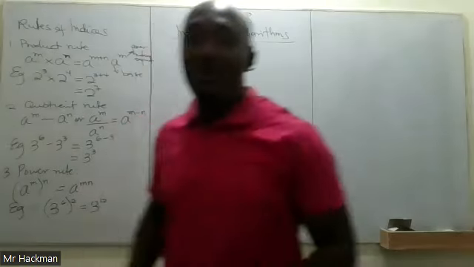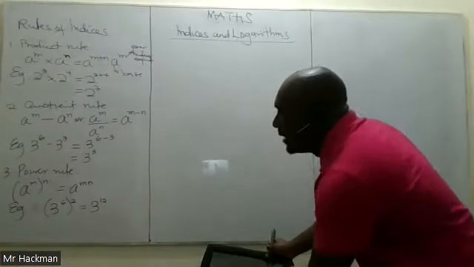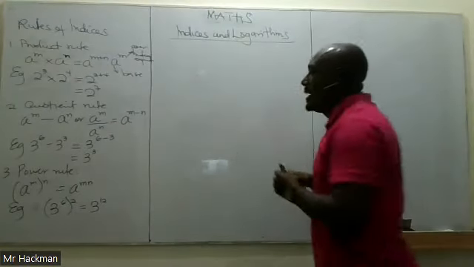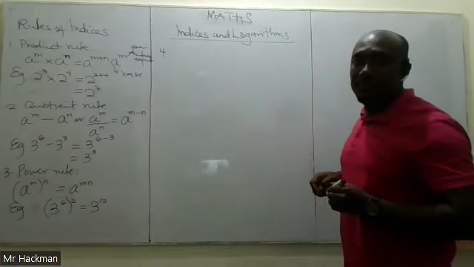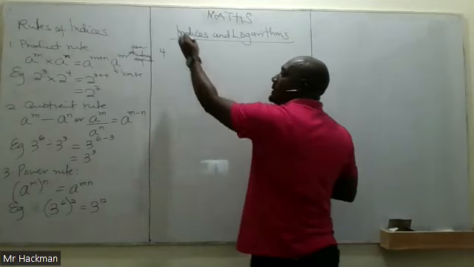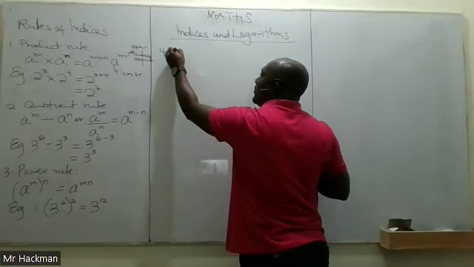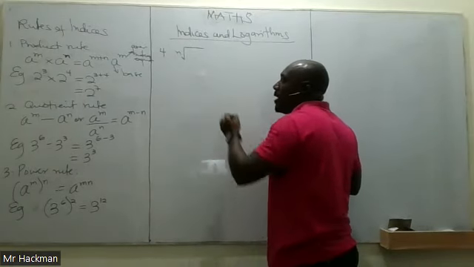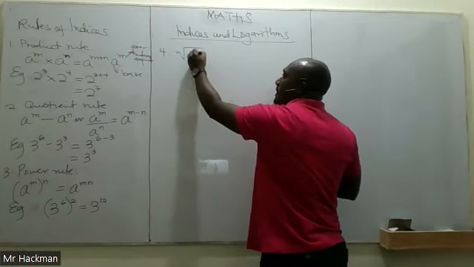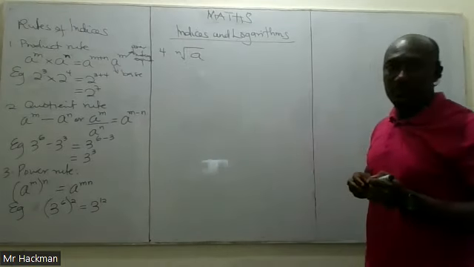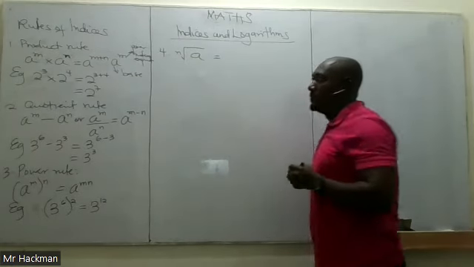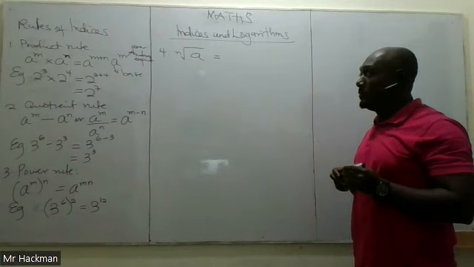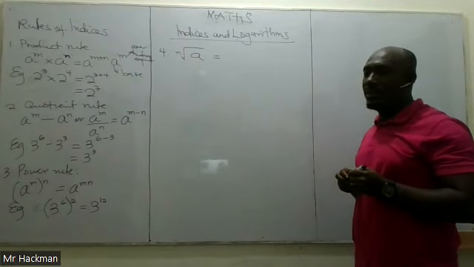We are not done with the rules. We have a whole lot of rules that we are supposed to consider. Then rule 4. If you have the nth root of a, this will be equal to, can you help me?